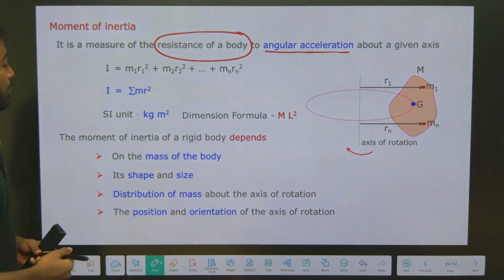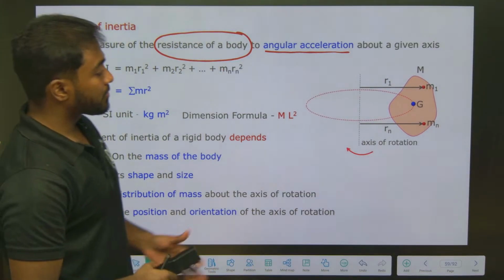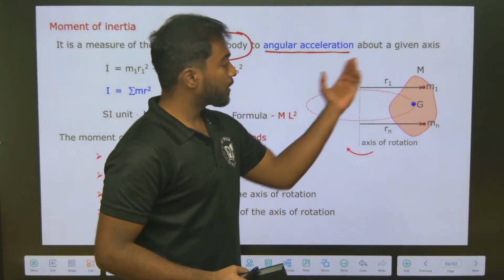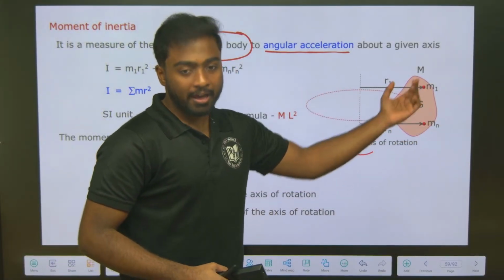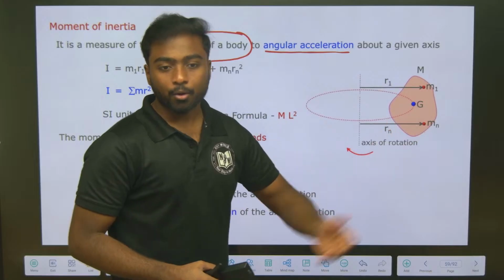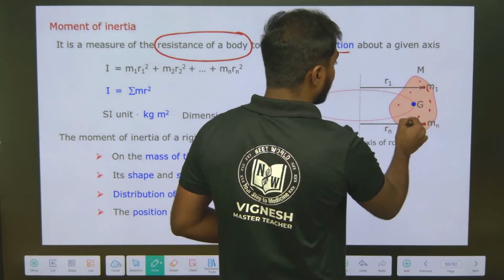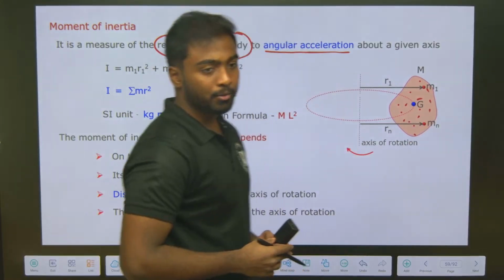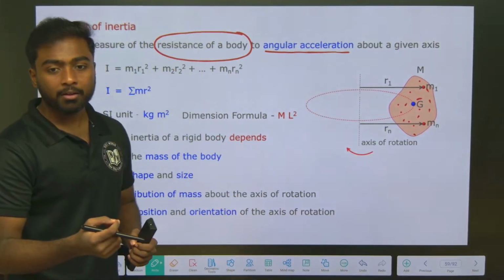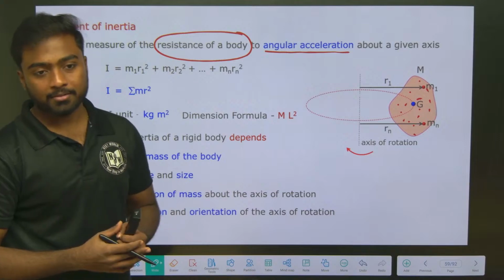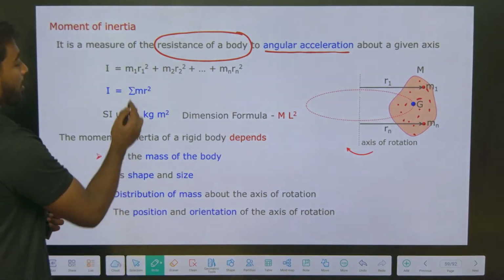Okay, so if I am considering a system which is rotating around a given axis, particles will be there. So n number of particles are present in the system, right? Each particle will have a different mass.